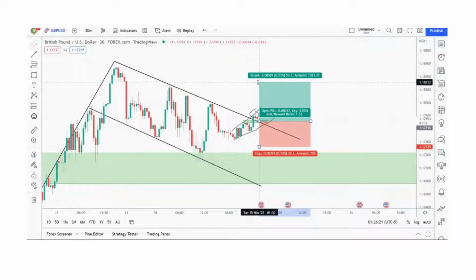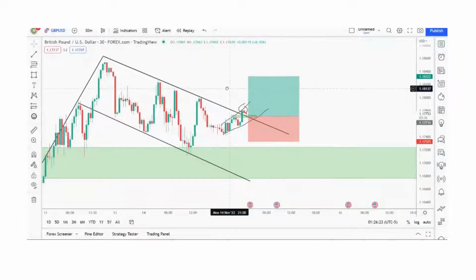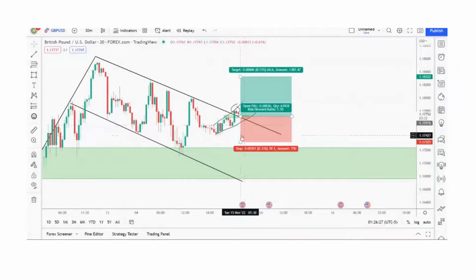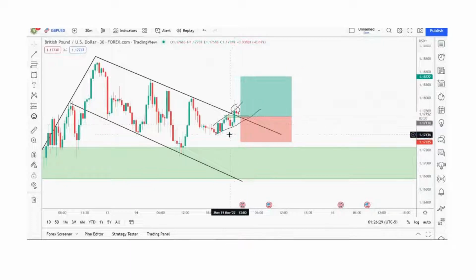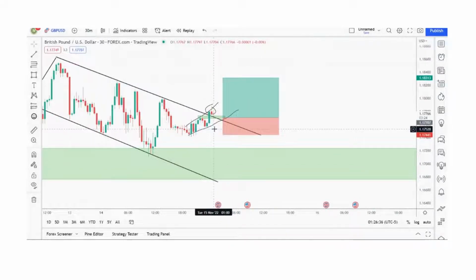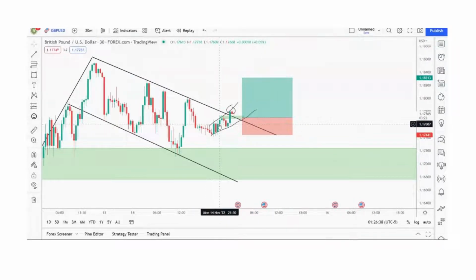I'm just going to target 3/4 of that, because what we teach is we target 3/4 of the height of the pattern. And then our stop loss, for me personally, is going to be underneath the lows down here, because we already broke out of this pattern. So if we end up breaking back in, then the breakout was invalid, right? We want a breakout, and then we want a continuation of that breakout.